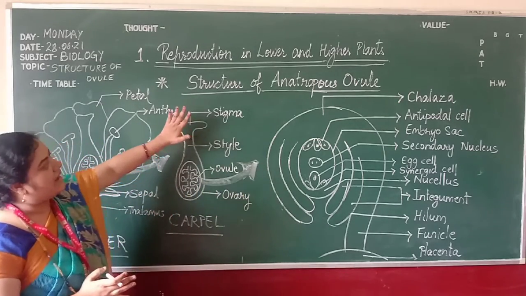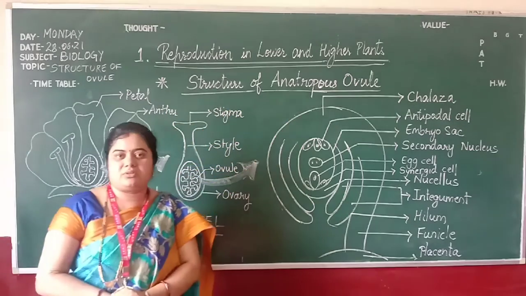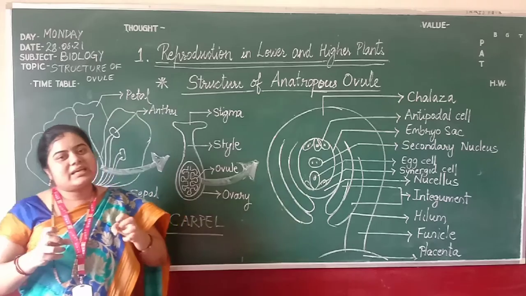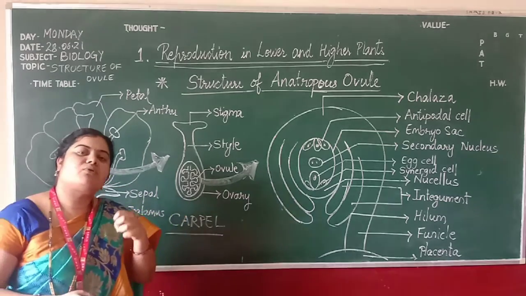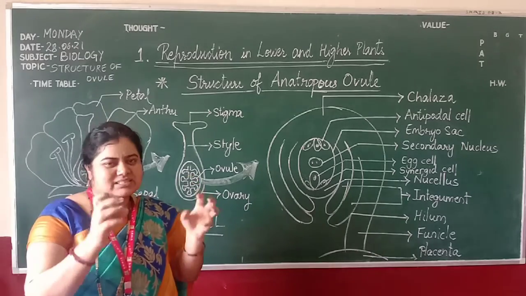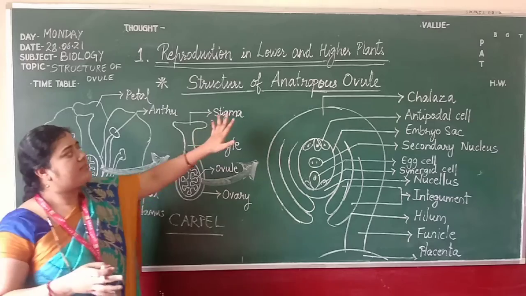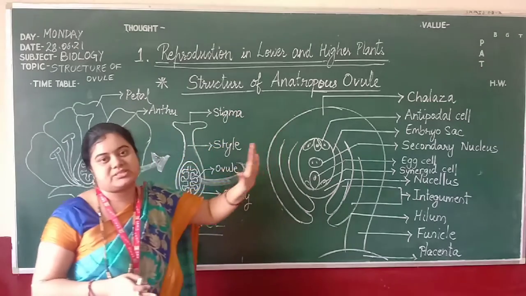Here you can see the structure of an anatropous ovule. There are different varieties of ovules in different flowers. There are 6 types of ovules, but in your portion you have to study only the anatropous type.